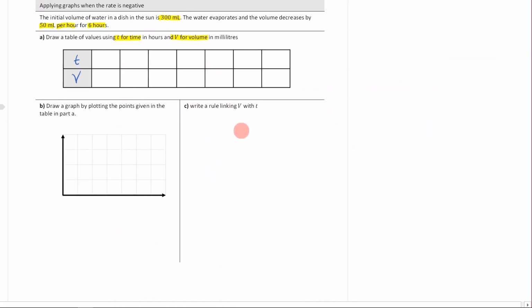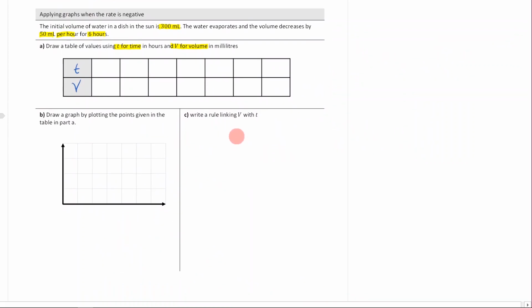Let's begin by drawing for ourselves a picture of what's actually going on here. So we'll come here and we've got this dish. This is the dish. Let me label it. It doesn't look like a dish. It looks more like a cup, but whatever. It's a dish. We're told that the initial volume in this dish is 300 milliliters.